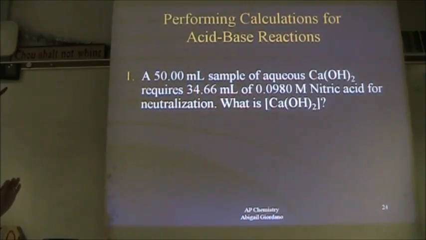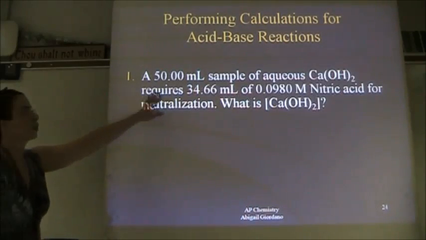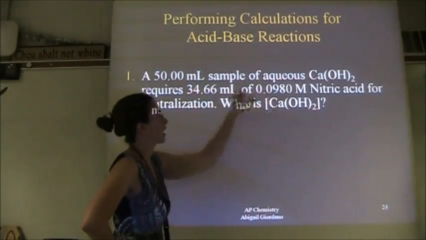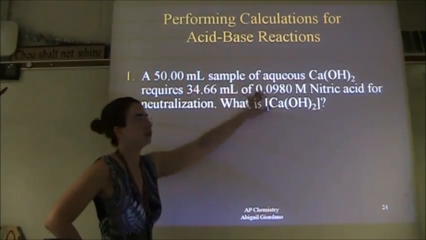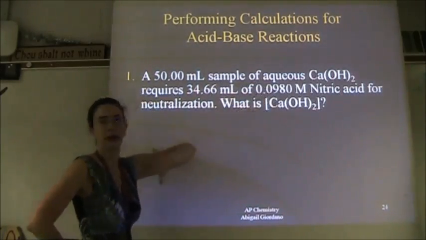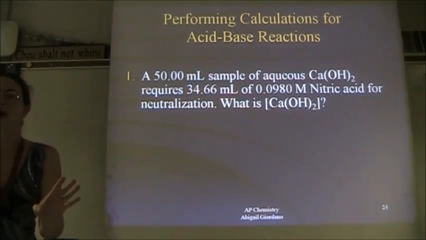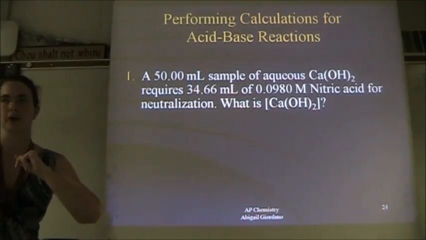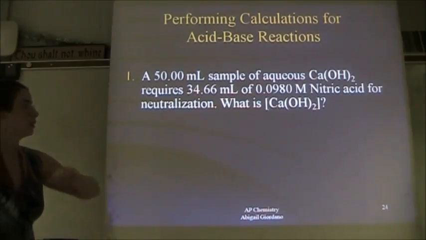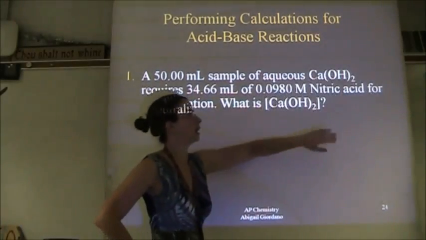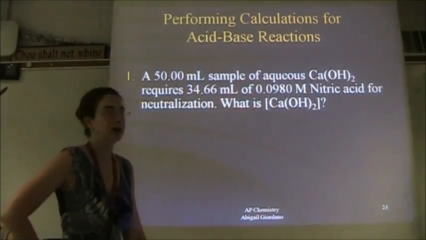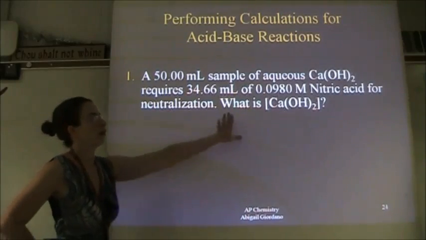Okay, so the problem says we have 50 milliliters of calcium hydroxide, there's our base, requires, here's that combination we're going to see 1,000 times over, a volume and a molarity. And tell me, guys, tell me one more time, what can you immediately solve for? Moles, okay? So I can immediately get moles of nitric acid. We are asked to find this.